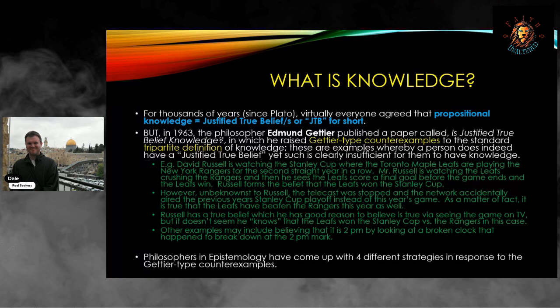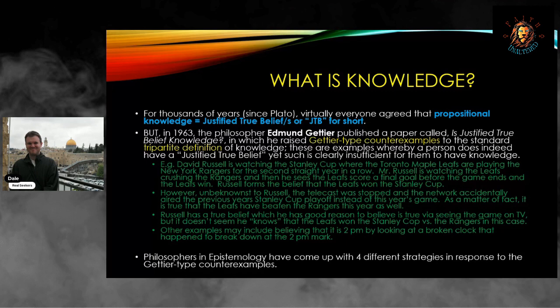And these are counterexamples to the standard tripartite definition of knowledge. They basically provide examples whereby a given person does indeed have a justified true belief, or is claimed to have a justified true belief, but yet it's clearly insufficient to say that that person knows that that proposition is true or false.